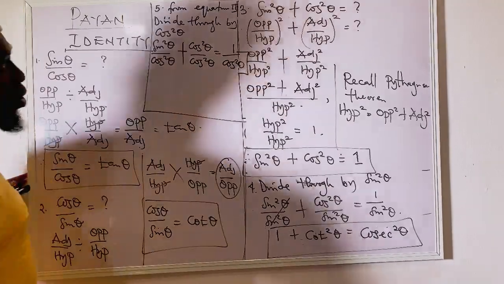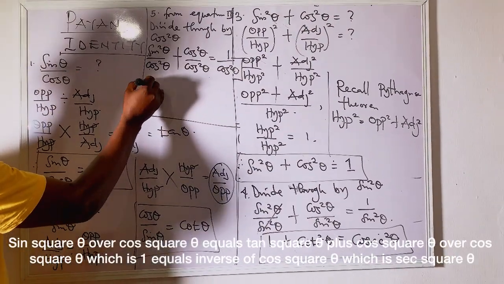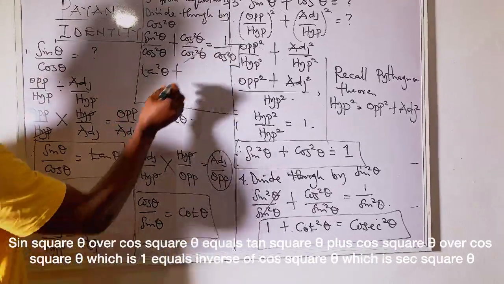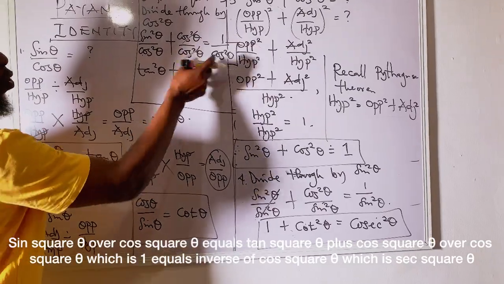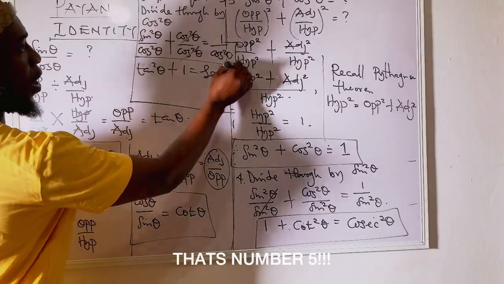Sine over cos gives tan square theta. Cos over cos gives 1. Then the inverse of cos is sec, so 1 over cos square theta is sec square theta. That's number 5.